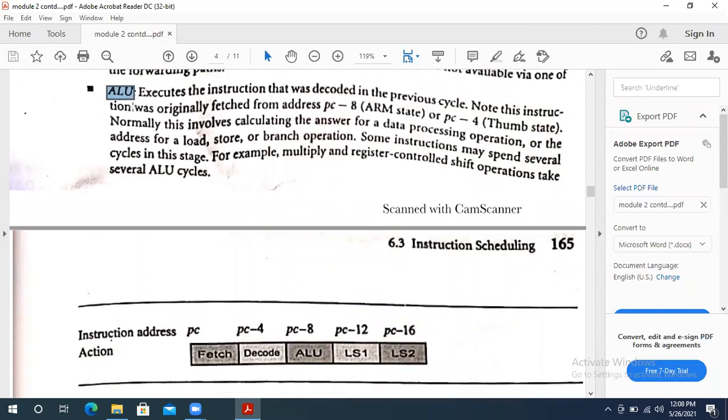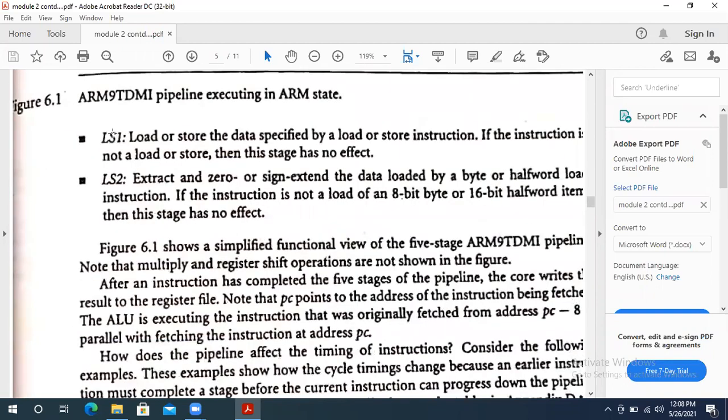But if you have the output value, then in these two the store is activated here, because I already told you the load is nothing but the input side, and store is the output side here. So after executing in the ALU, whatever output we get is sent to the LS1 here.